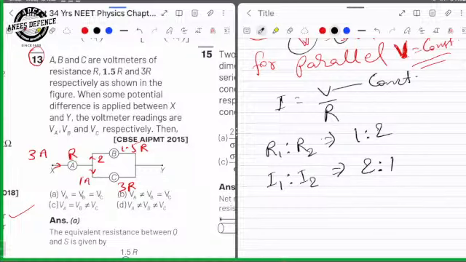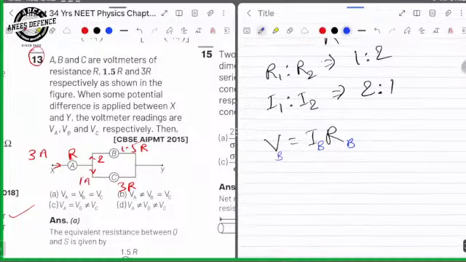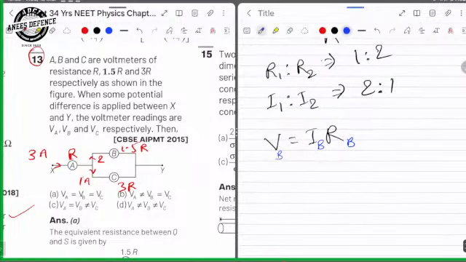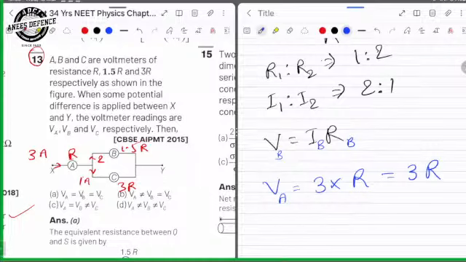Simple calculation. Now, you know V is equal to I into R. Means if you are calculating voltage of a device, you have to take current of that device and resistance of that device. Yes or no? So first calculate voltage of A. V is equal to I into R. Current flowing through device A is 3 ampere, and resistance is R, so voltage is 3R volt.